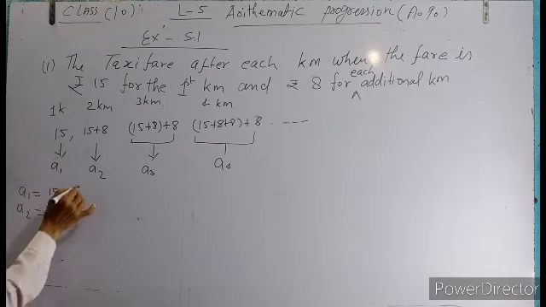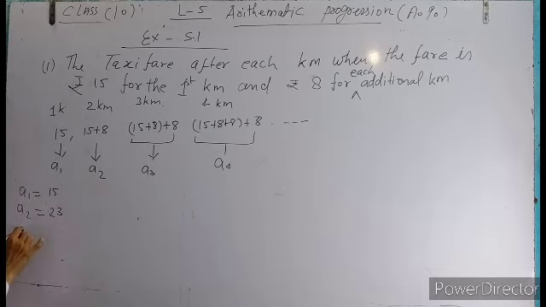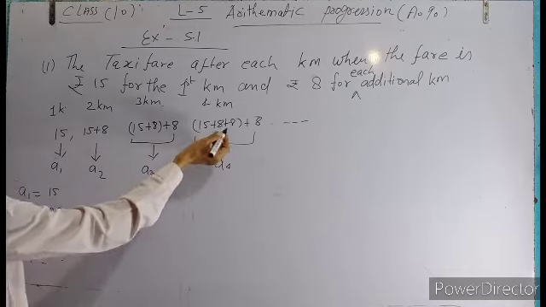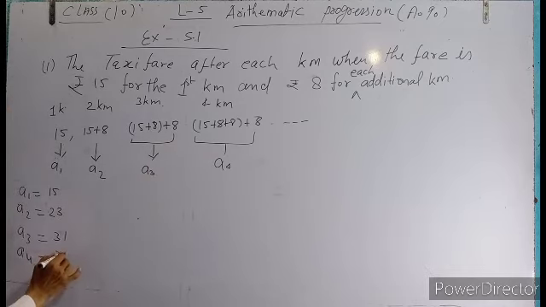A2 is 15 plus 8, that is 23. A3 is 31. A4 is 39. Similarly A5 is 47.